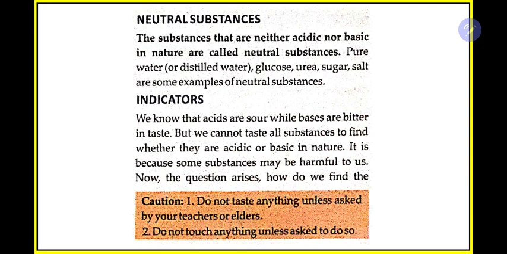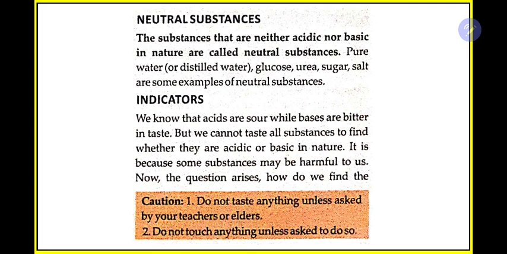For example, pure water. If you drink water, you know that water is tasteless. You will not find sweet, you will not find sour, you will not find any bitter taste in water. Water is tasteless. That means water is neutral. Then glucose, urea, salt, and sugar, these are all examples of neutral substances.